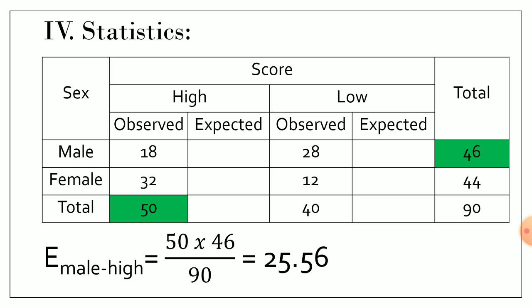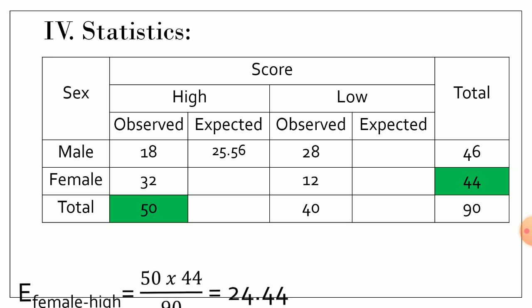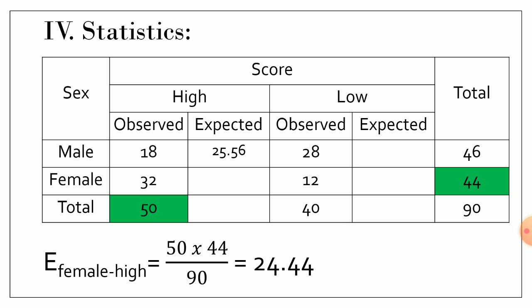That is equal to 25.56. Next will be the female high. So we have the column total of 50 and the row total of 44. Multiply, then divide it by the grand total, which is 90. That is equal to 24.44.